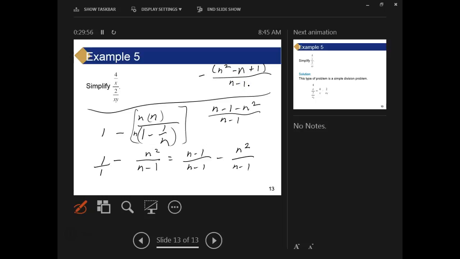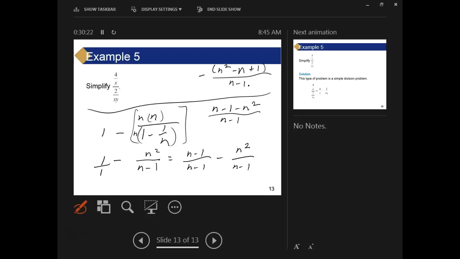Now, the reason I did that, I want to see if there's any way I can factor that numerator. What do you think? I thought maybe I could, but guess what? I can't. It would have to be n minus 1 times n minus 1, and that would have a negative 2n in the middle.